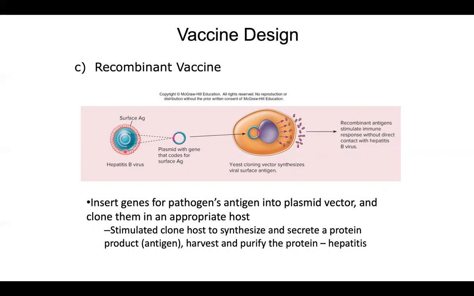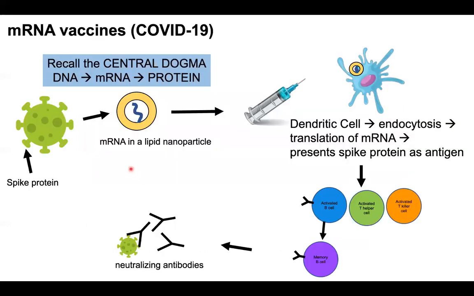So this is a hepatitis B example of how they do that. So this can make a whole bunch of protein for that vaccine in a really cheap way. And it's also safer because you're not growing up a whole bunch of virus just to purify virus parts, because that can be really expensive and also dangerous for the people who have to do that.